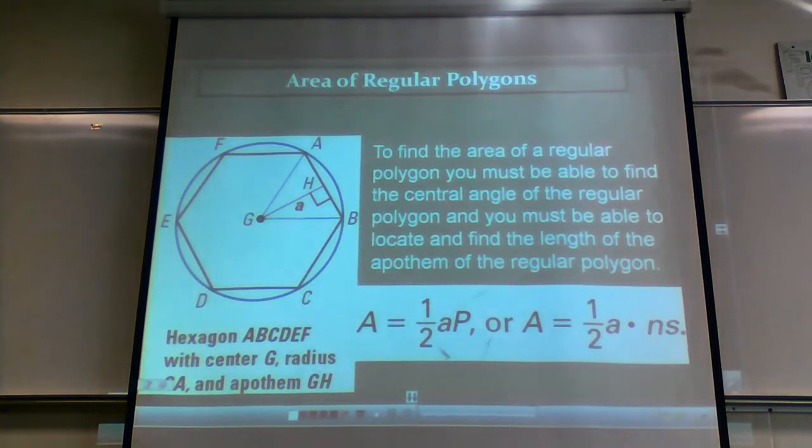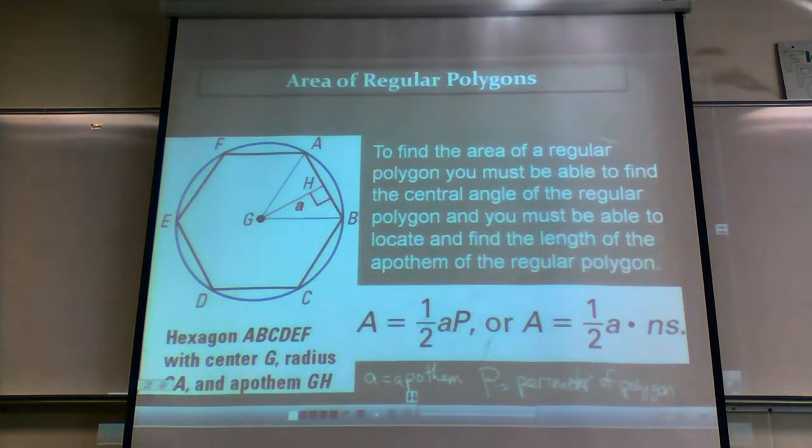Now, what these are, guys, the little a, that's your apothem, and the capital P equals your perimeter. That's the perimeter of the polygon, the entire thing, not just the little triangle in there, but the entire thing, all the way around.